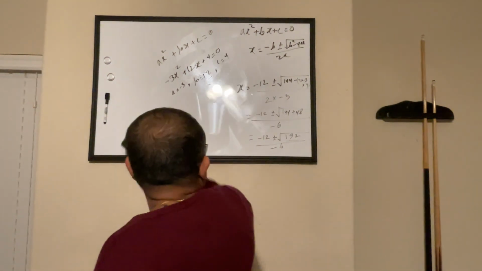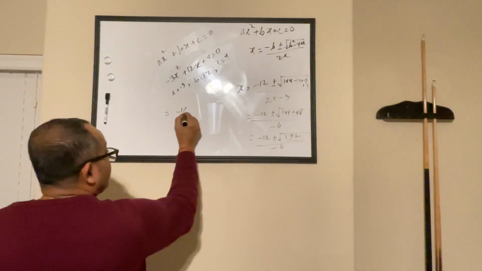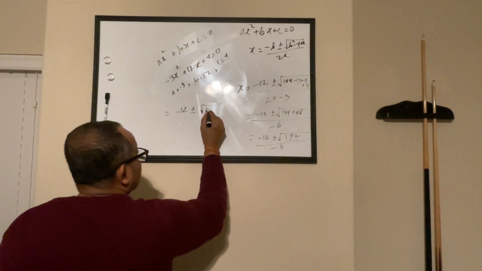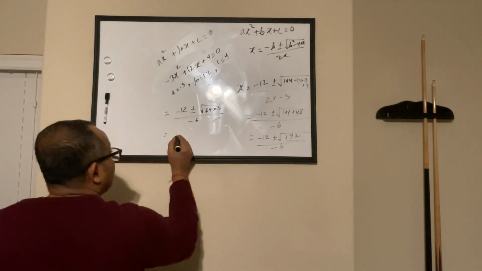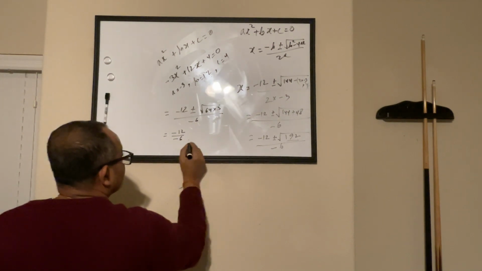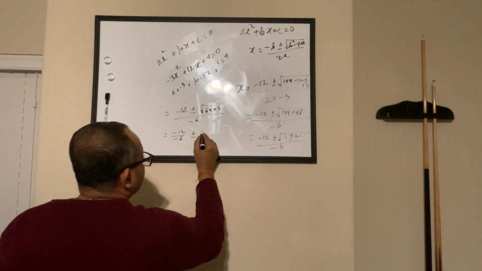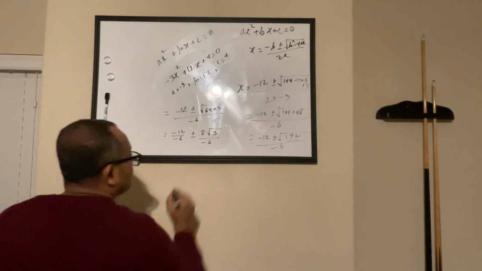So we can always write this as minus 12 plus minus the square root of 64 times 3, by minus 6. We can also say this as minus 12 by minus 6 plus minus the square root of 64, which is 8, into root 3 by minus 6.